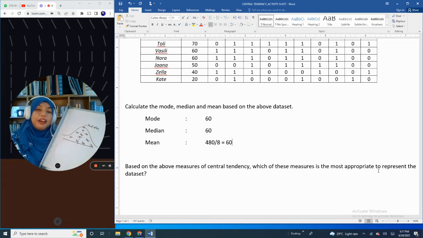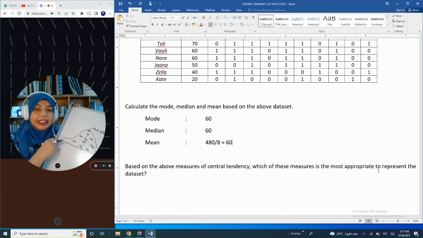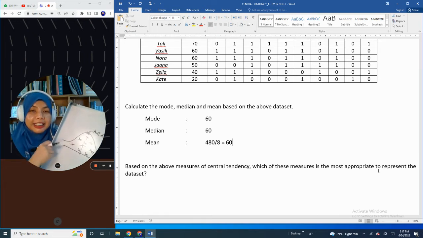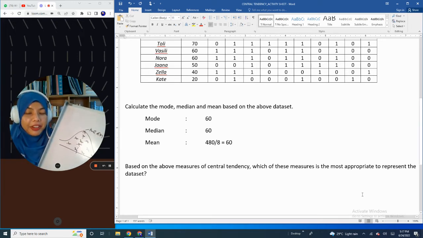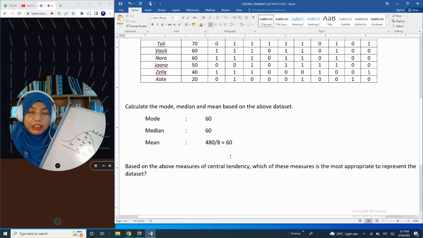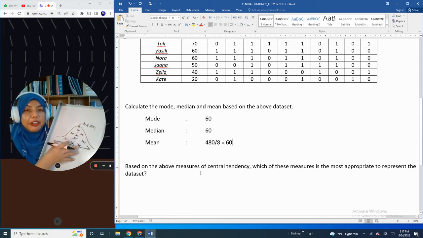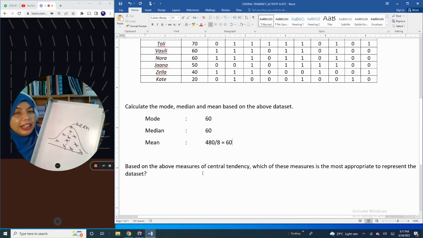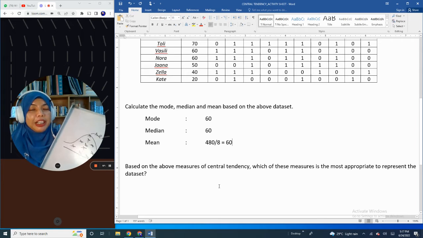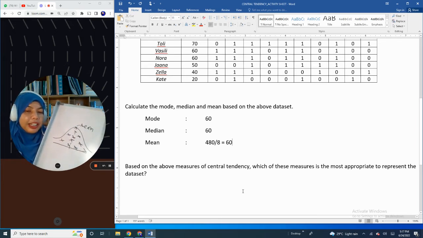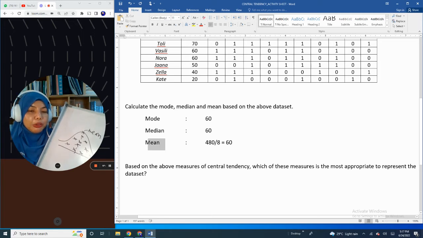However, with regard to these measures for this data set, given that we have the same value across the 3 measures, it doesn't matter which one you choose to represent your data set. You can choose mean, mode, or median. But a better strategy would still be to go by mean.